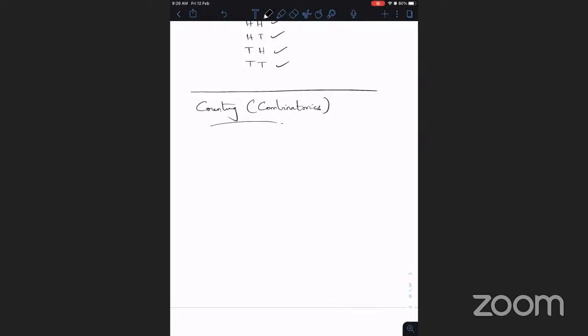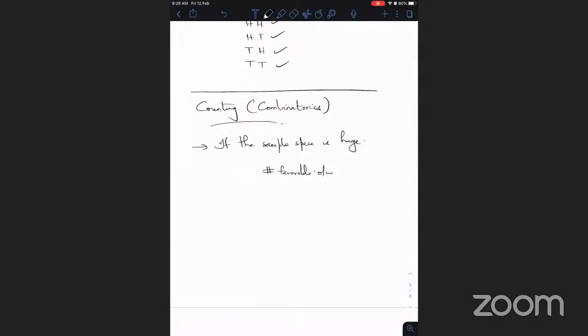Okay. So why is counting important? Let's say the sample space is huge. If the sample space is huge and we have to apply the naive definition of probability, we need to find out the number of favorable outcomes, right? The denominator is the size of the sample space, and the numerator is the number of favorable outcomes.